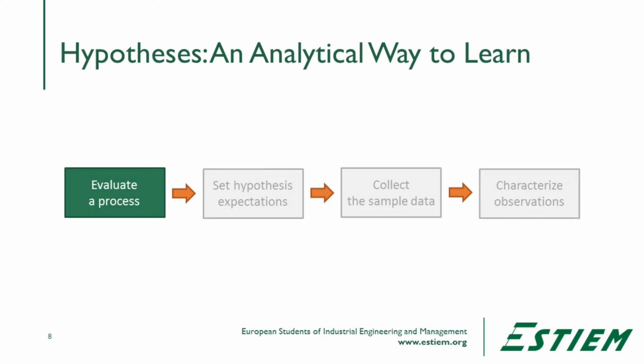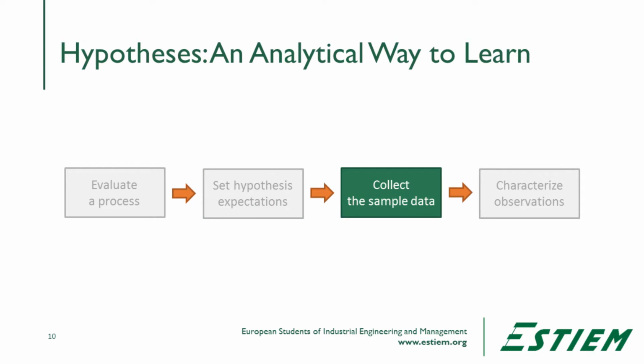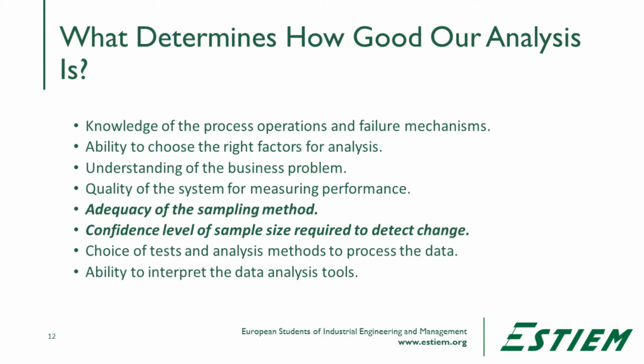So how do we go about this? Well, first of all, we've evaluated a process. From that, we get some sort of expectation, the research hypothesis. We'll select the sample of data, and then we'll characterize it. And what we see in this whole process is two things that determine how good this is. We have all of the physical things: understanding the process, choosing the right factors, the X's, understanding the business problem, the quality of the measurement system.